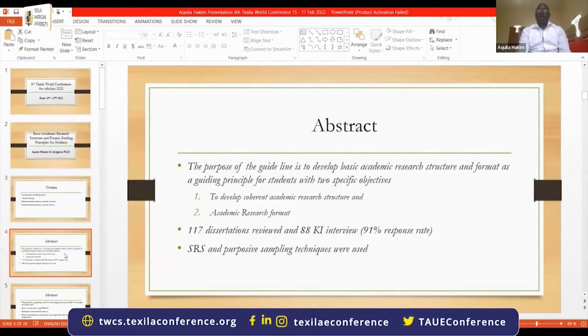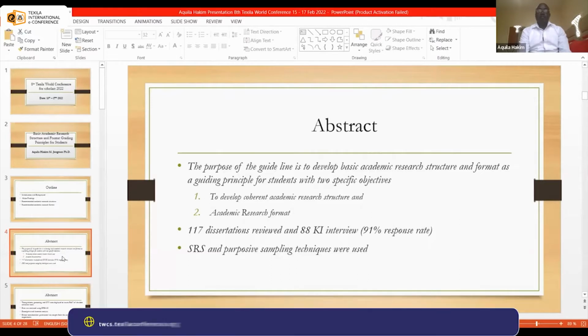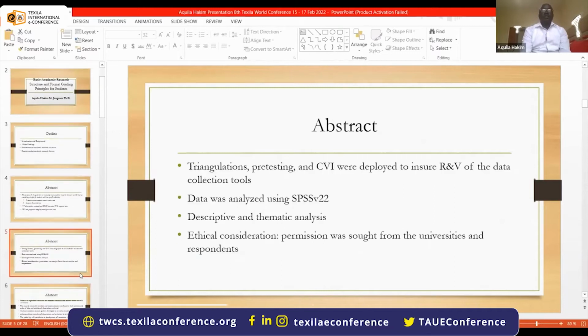117 dissertations were reviewed and 88 key informants were interviewed, and simple random sampling and purposive sampling techniques were used for this study. The data collected were triangulated, and pretests and CVI were deployed to ensure the reliability and validity of the data collection tools.